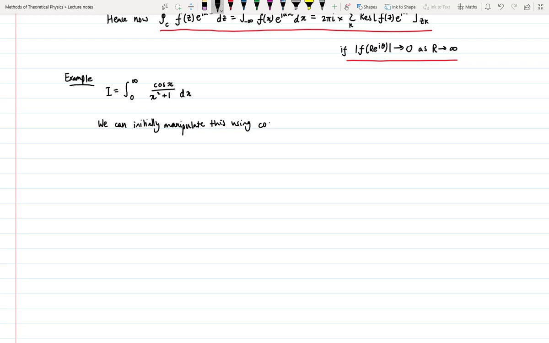We know that we can rewrite cos x as a half e to the ix plus e to the minus ix.